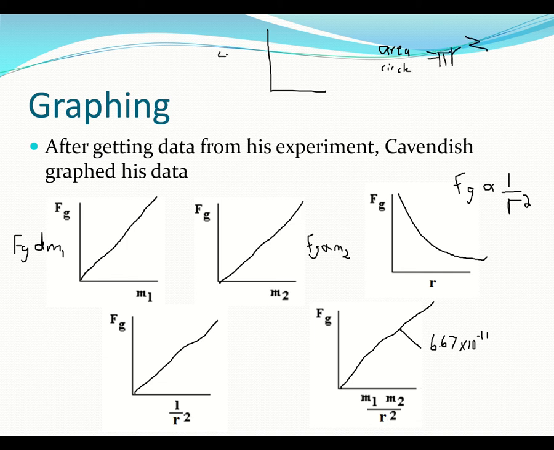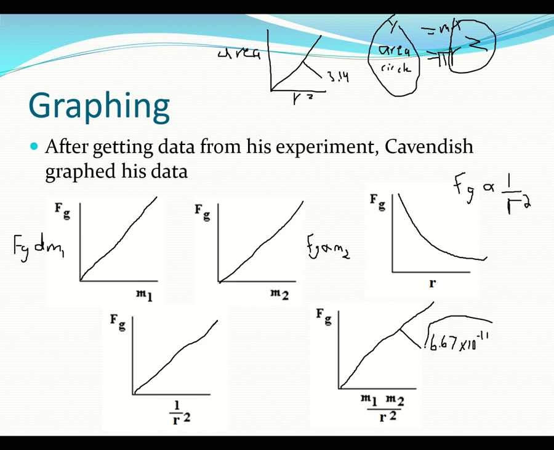So if I did a graph of area of a circle versus r squared, no matter what areas I used and no matter what radiuses I used, I would always get 3.14 as my slope, no matter what, right? Because this is y, and then my x is r squared. So my slope is equal to pi every single time. So this number here is kind of like pi. It's a constant, it's a special number, and we need that as part of our formula.